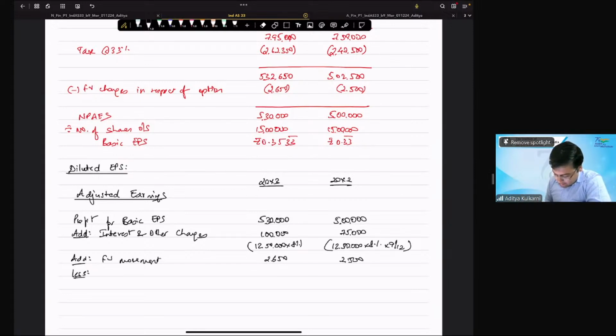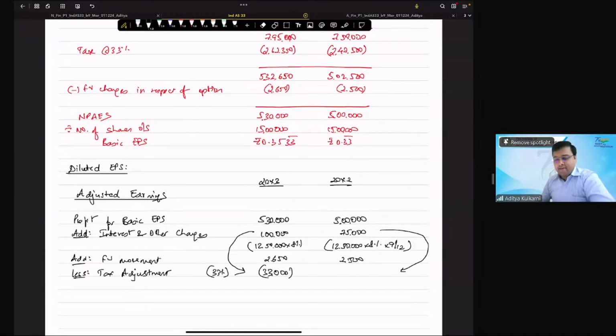Less tax adjustment. I will do the tax adjustment on this amount. 1 lakh at 33%, so 33,000. And here only on 75,000, so that comes to 24,750.